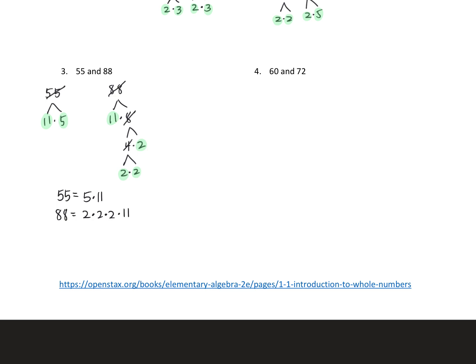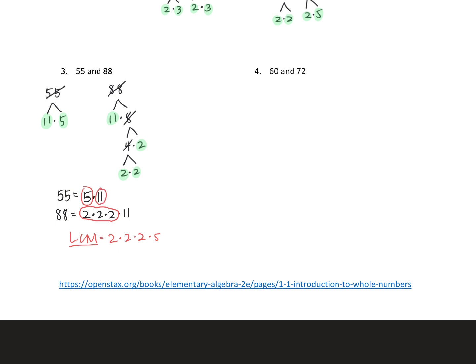So if I'm looking at my lists, let's make my LCM. I have 2's, 3 of them. So I've got to include 3 2's. I have a 5, so I've got to include 5. And then I have an 11. Now notice I have 1 11 in each list. You only include the factors from one list or the other.